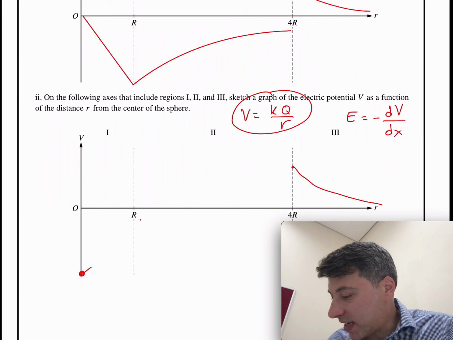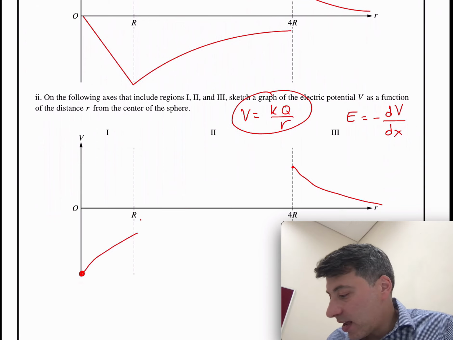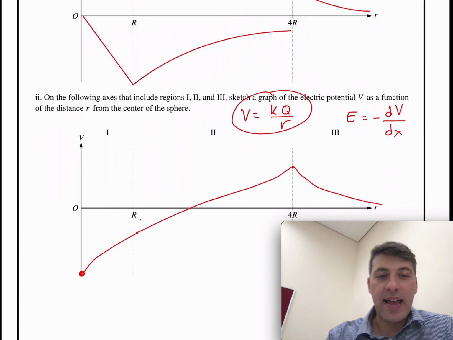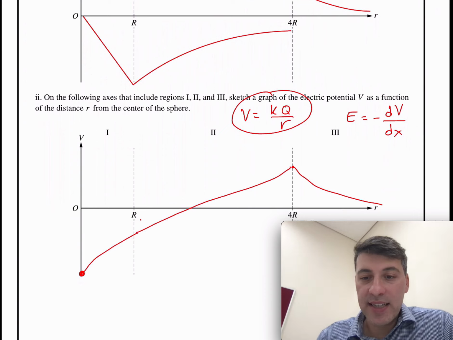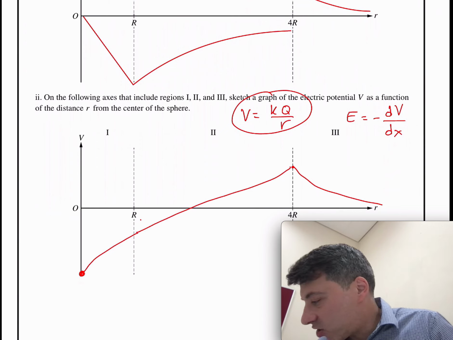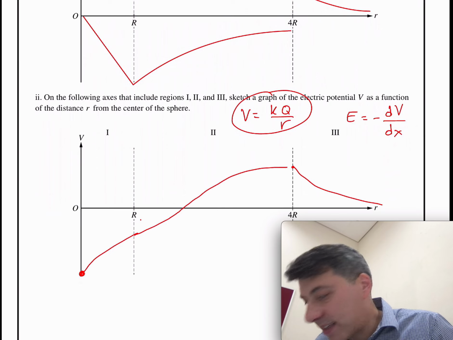It will be somehow like this, with a tendency to become a straight line, and then somehow like this, the electric potential increasing and then decreasing as a function of the distance. So the graph should be approximately like this, and make sure that the line in the middle is not exactly straight, but shows a curve somehow like this, and later somehow like that.